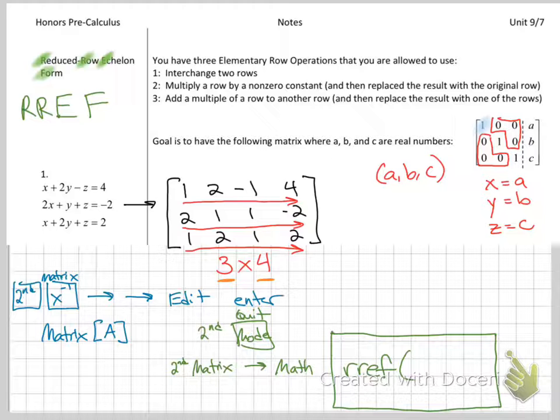And then you need to tell it what you want to take the reduced row echelon form of. We want to take it of matrix A. So we're going to have to go back. Second, matrix. The names tab that it brings you back to every single time, that is where you go to grab the matrix that you want to do math on.